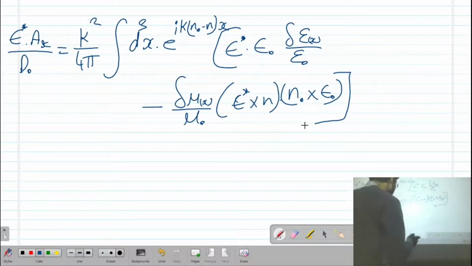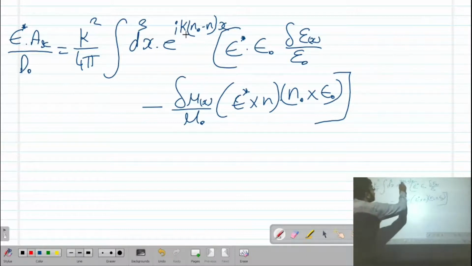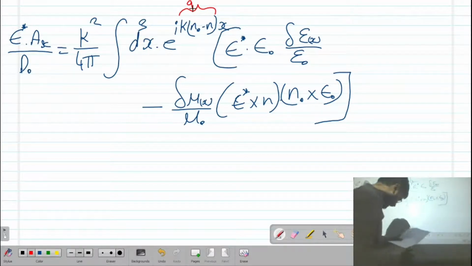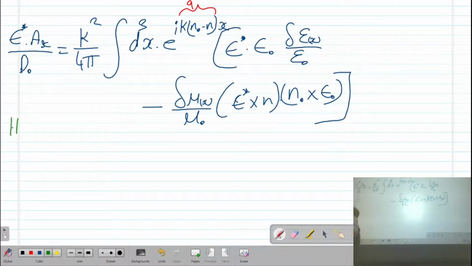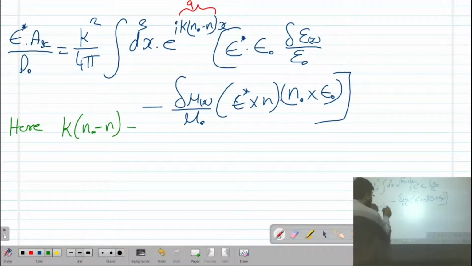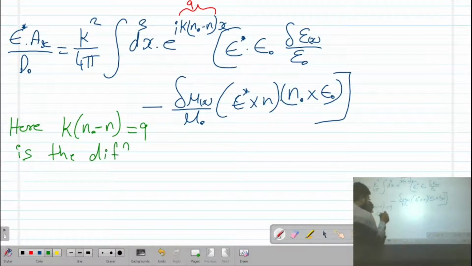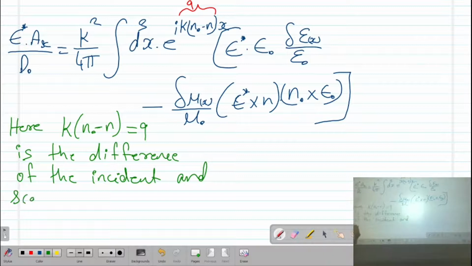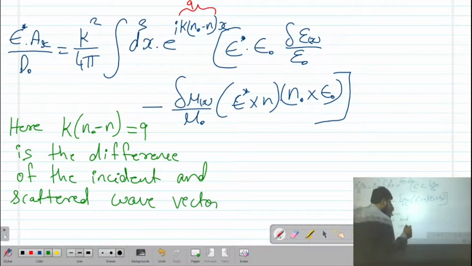Now over here, remember, this small term is replaced by q, where q is the difference of the incident and scattered wave vectors.